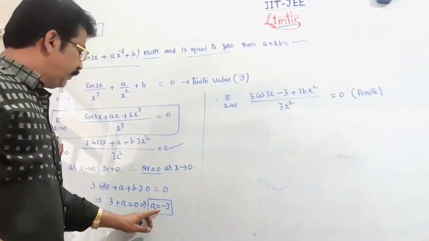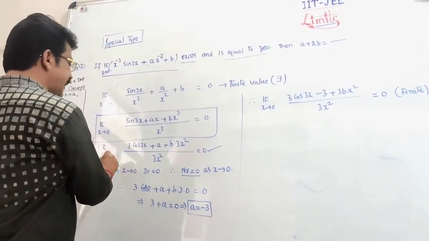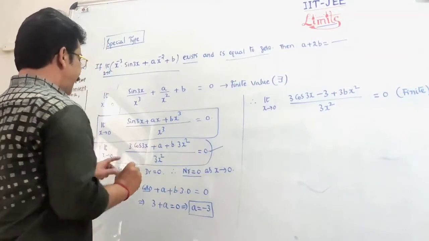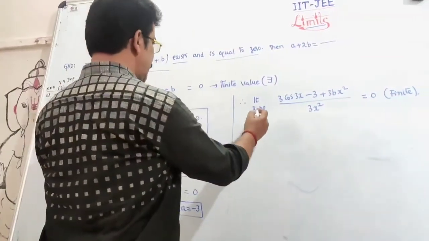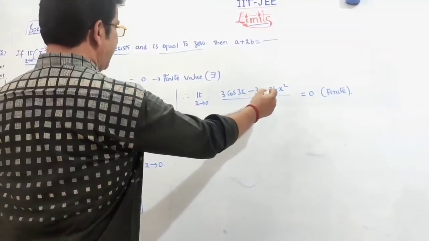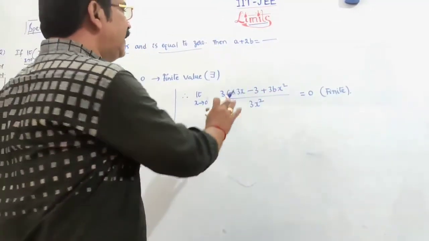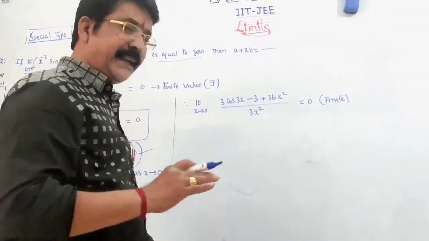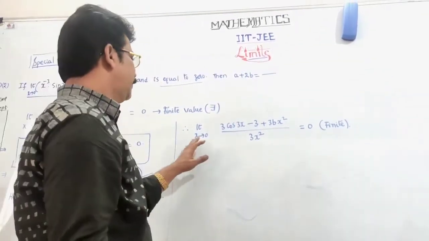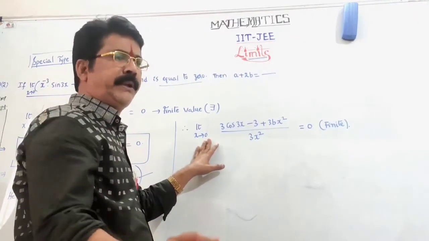Here by putting a equal to minus 3 in this step, we are having limit x tends to 0, 3 cos 3x minus 3 plus 3b x square by x square. You feel as if it is a new question. So starting what we will do, first starting step, we are putting x equal to 0. Okay, put it.